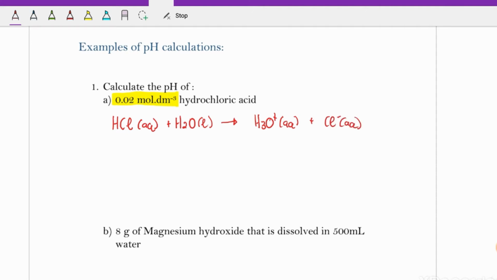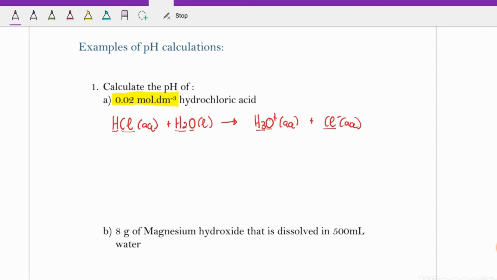So now we need to look at our reaction equation. Is this reaction balanced? So let's count the number of hydrogens here. We have 1 plus 2 is 3. On this side we also have 3. Then we have 1 chloride here, we've got 1 chloride there, we've got 1 oxygen here and 1 oxygen there. So this is definitely balanced.